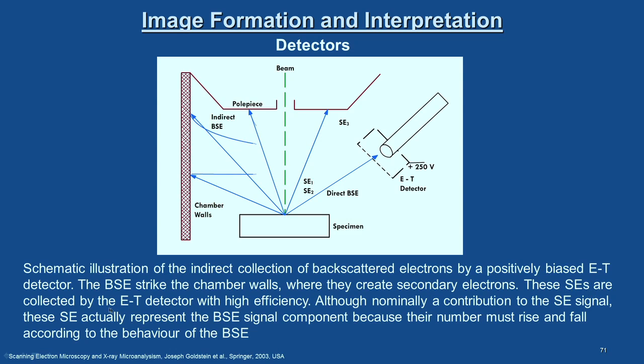These secondary electrons are collected by the ET detector with high efficiency. Although nominally a contribution to the secondary electron signal, these secondary electrons actually represent the BSE signal component, because their number must rise and fall according to the behavior of the BSE. We will see why the number of these electrons is important.